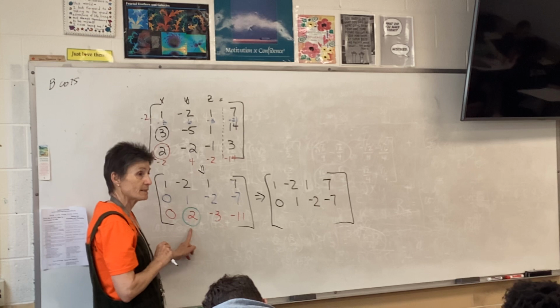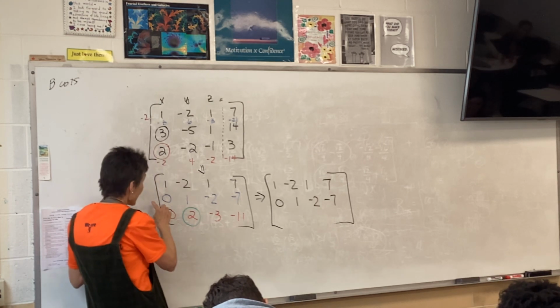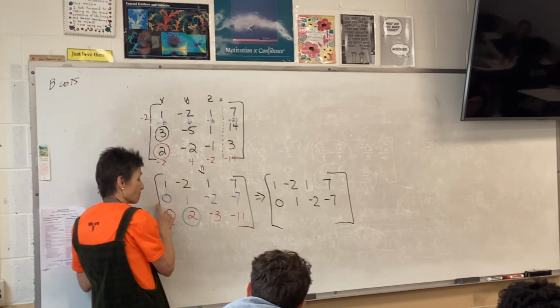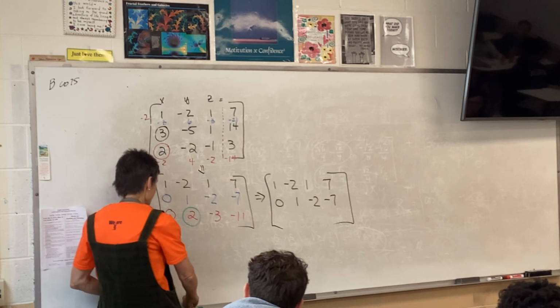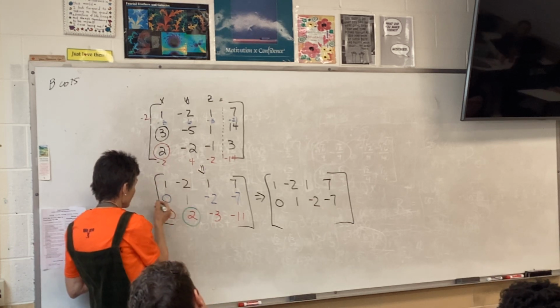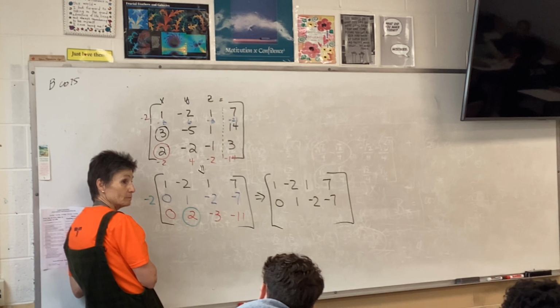This one I need to get a zero here. So I'm going to look at my second row now. My second row. And I'm going to say, okay, if I want to add these and cancel that out, I guess I'll have to multiply my second row by -2.